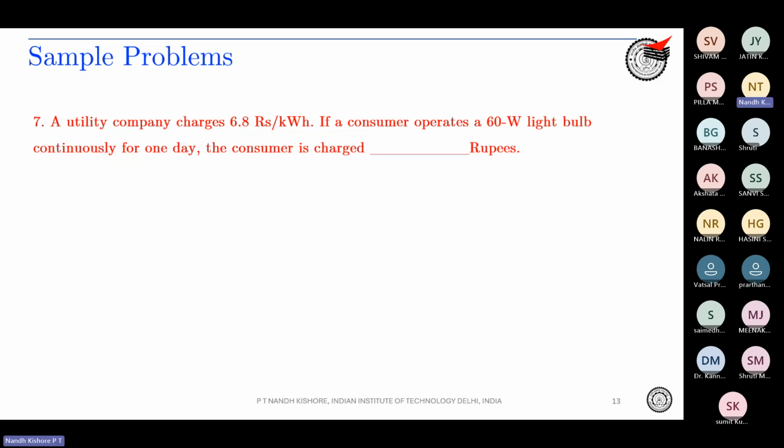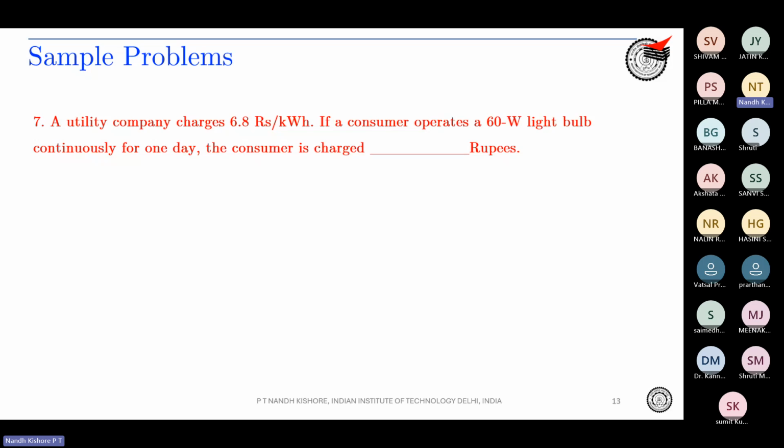So the question is, a utility company charges rupees 6.8 per kilowatt hour. If a consumer operates a 60-watt light bulb continuously for 1 day, the consumer is charged how much rupees? They have given you the total charge per kilowatt hour.